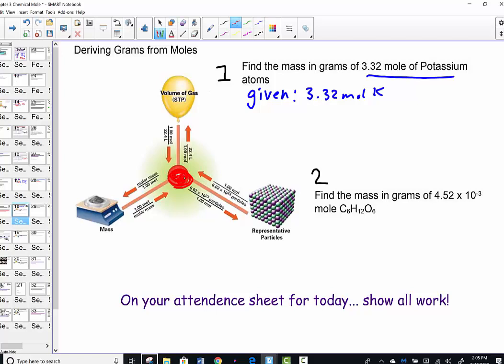The unit mole is the center, and then I just covered the word, the mole. What we want to know is the grams of potassium. The grams are measured on a scale, so we're heading from the center of the mole out to the scale.